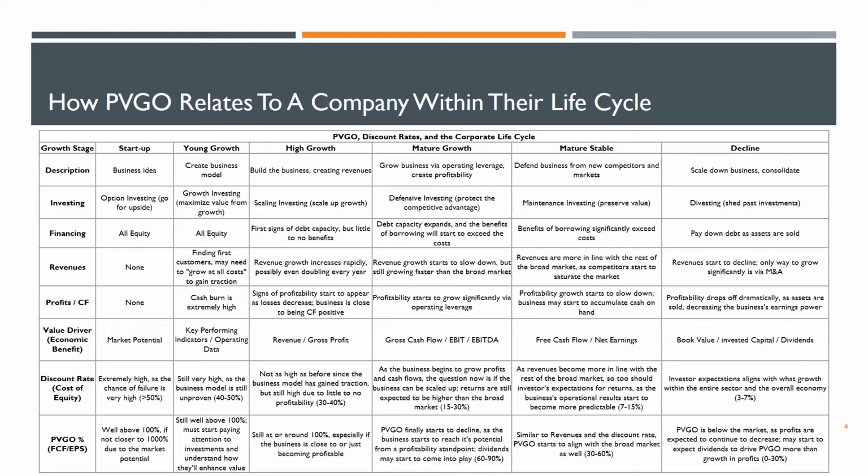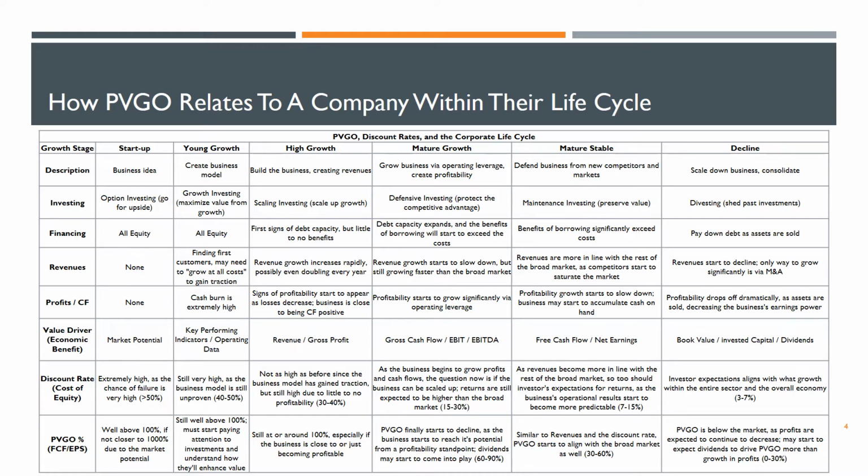You start to build the business, start creating revenues, and start growing those revenues to a point where you even begin to become profitable, even have a return on investment. Once that's seen by potential competitors, they'll try to enter into your space. So you have to defend against those competitors as well as enter into new markets. And then at the end, your company might become too large. You have to scale down the business and even consolidate.